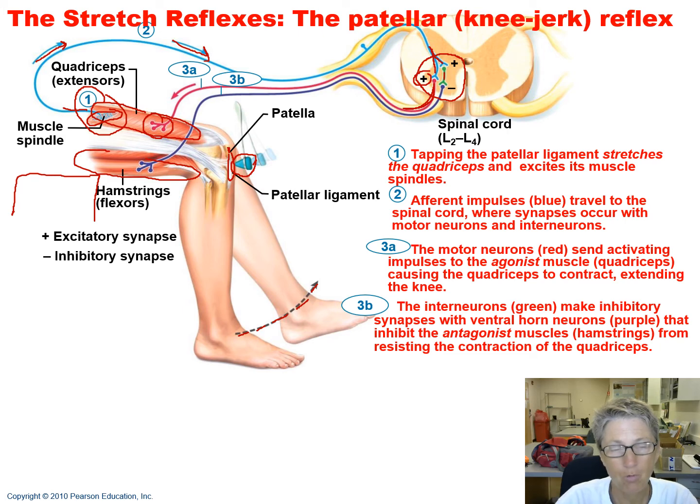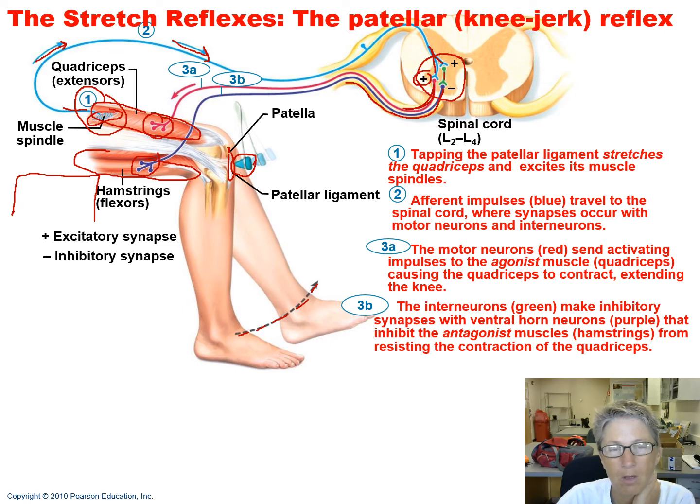And your knee will extend, but only if at the same time that interneuron sends an inhibitory impulse to your hamstrings so that they will relax. Because if you try to contract your hamstring and your quadriceps at the same time, you can't flex, or excuse me, you can't extend your knee.